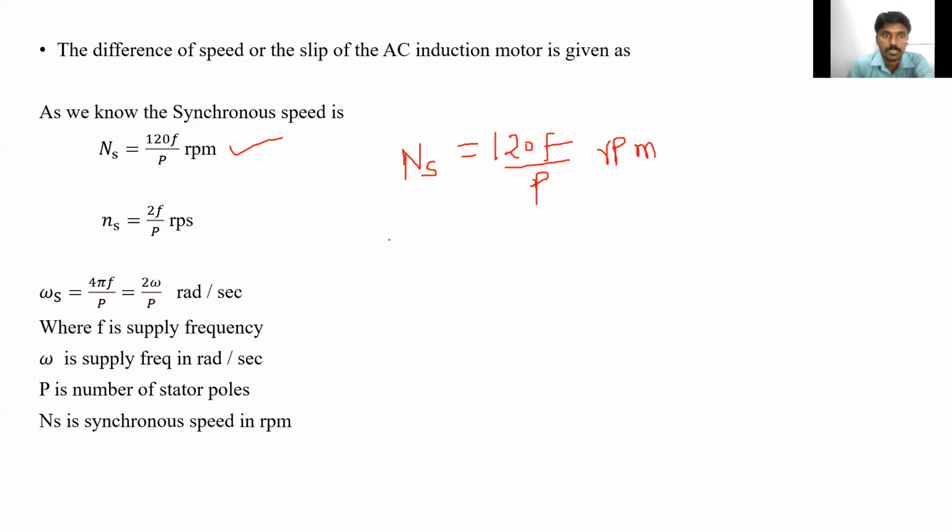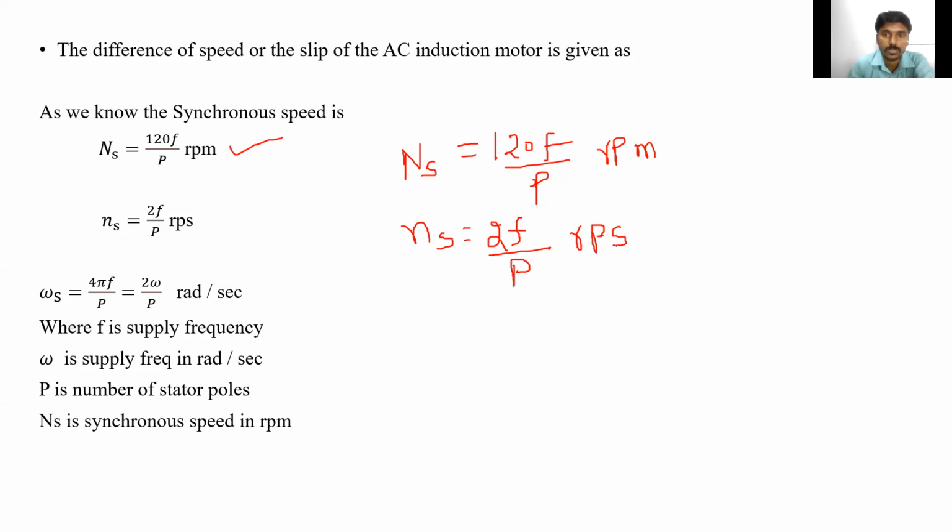Rotations per minute. If you want to find out the synchronous speed in rotations per second, that is, how many rotations of the motor in one second, then it is represented by small ns, which is equal to 2 into f upon p. That is the rps, rotations per second.